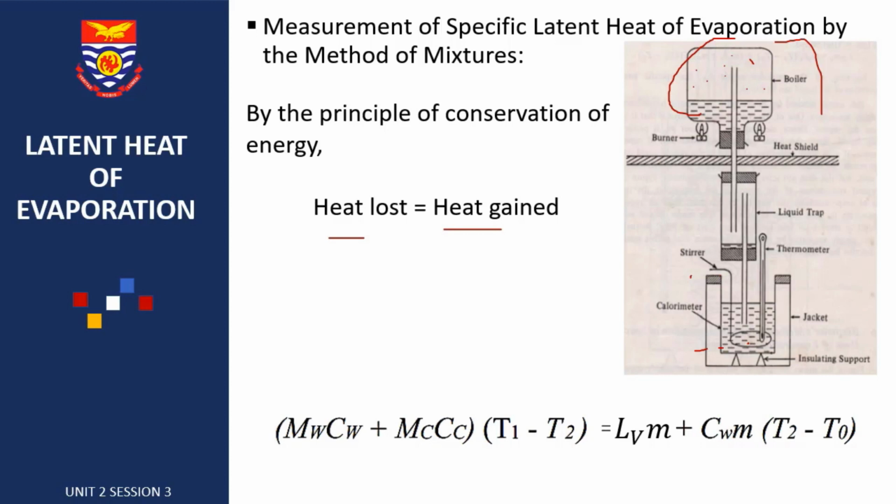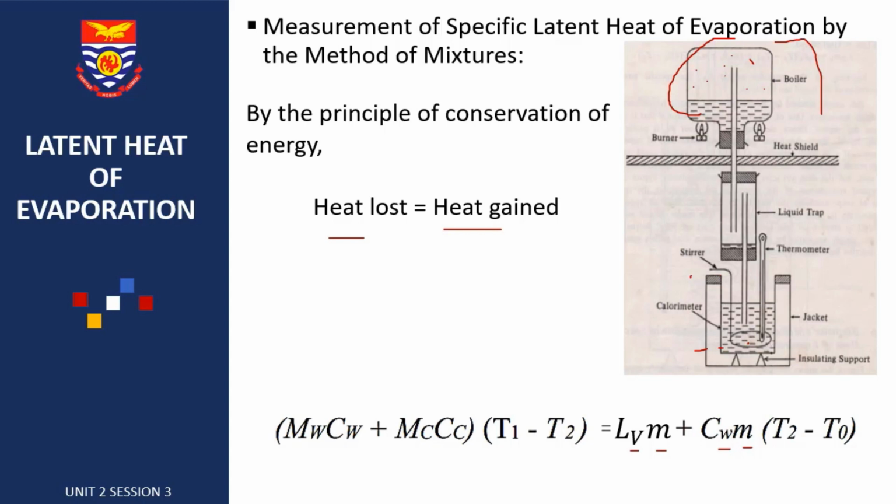The heat gain here is the mass of the water, the specific heat capacity of the water, the mass of the calorimeter, and the specific heat capacity of the calorimeter, multiplied by their temperature difference. This equals the heat loss: the specific latent heat of evaporation, our mass, the mass of the steam, and also the mass of the water that we have here. Note, there are two different waters that we have here, and their temperature changes.